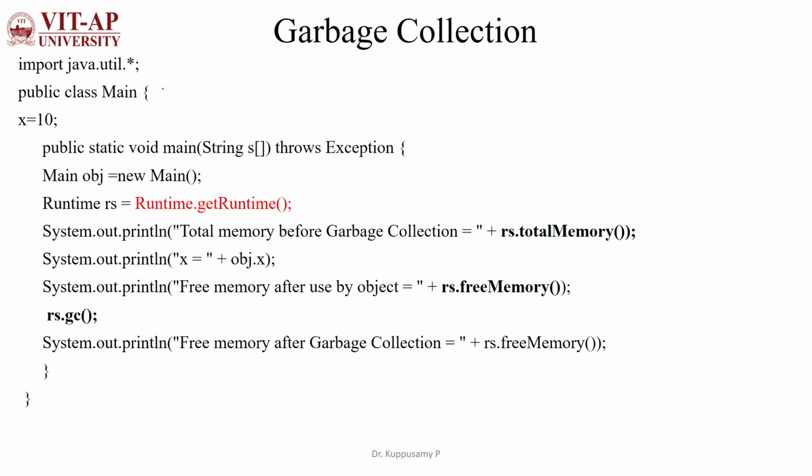Here an example is given. The main method is created, the variable has the value 10, and the main method gets the command line arguments in the form of a String array. If there is any exception, we throw it. Then I create the object, which allots some memory space to this obj reference variable.